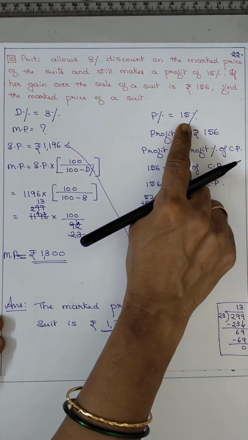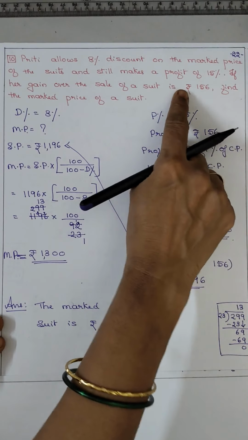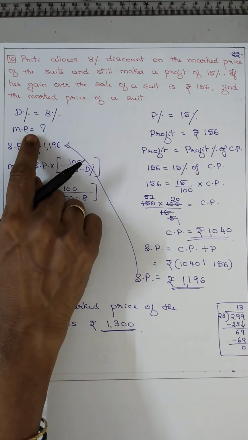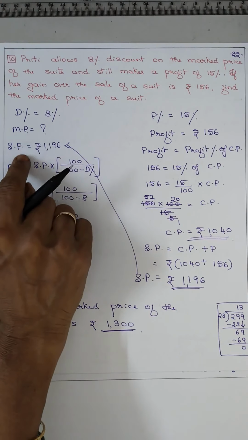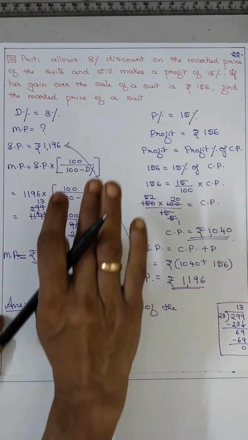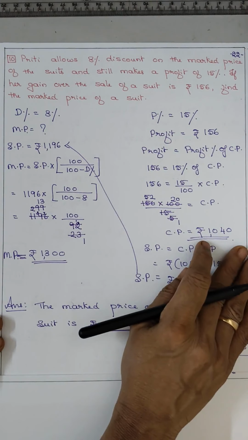Profit percent is 15%. Profit is 156. So to find out MP, we want SP. But with profit percent and profit, we can't find out SP.